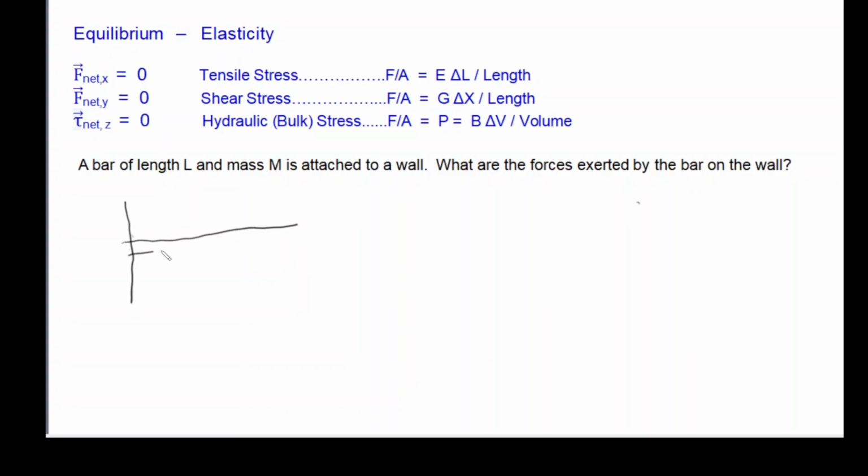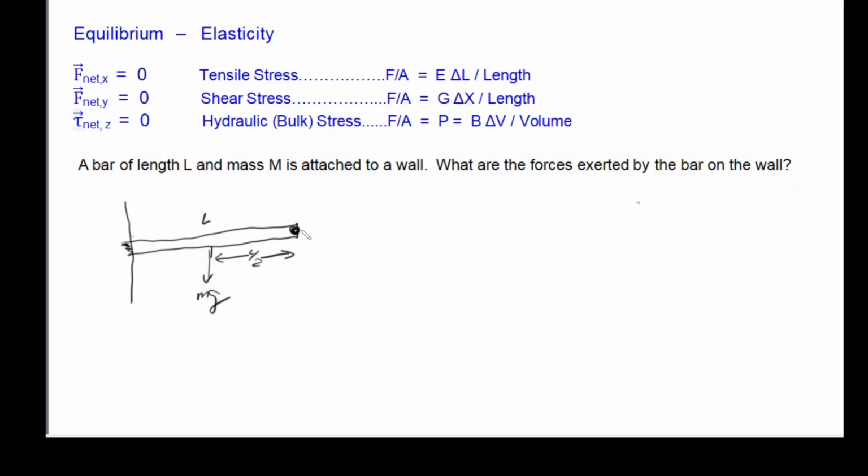This bar is attached to the wall here, and we'll call the length L. So this would be L over 2 as far as the length. And we have the weight of the bar, mg. And we're going to make our axis of rotation over on the end away from the wall.